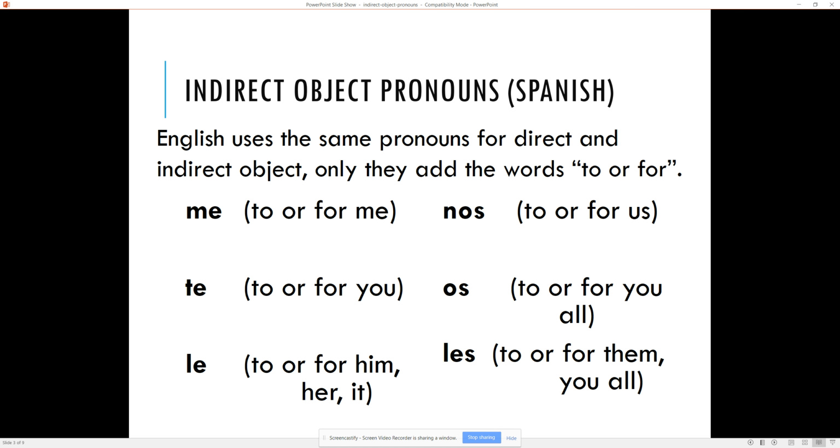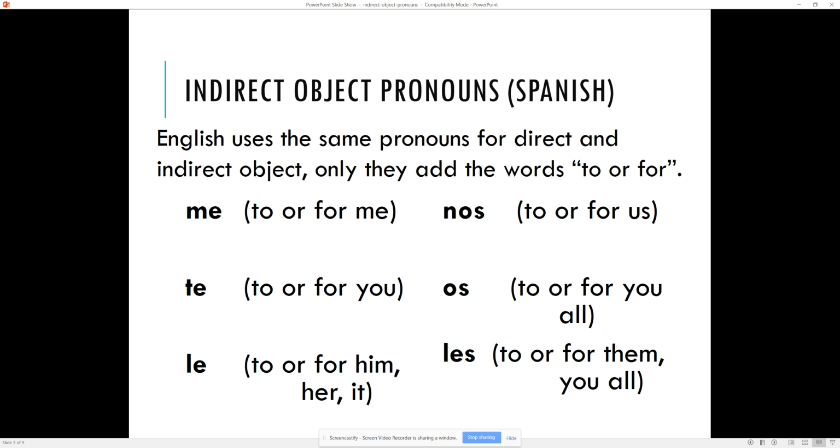Here's the thing that gets English speakers so frustrated, or takes a while for them to figure out: what is the direct object and the indirect object. In English, we use the same pronouns, me, you, him, her, it, us, and them, for both direct and indirect.